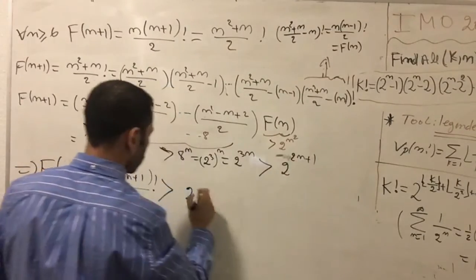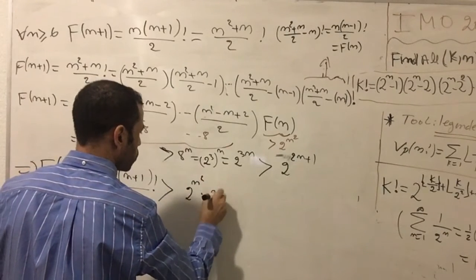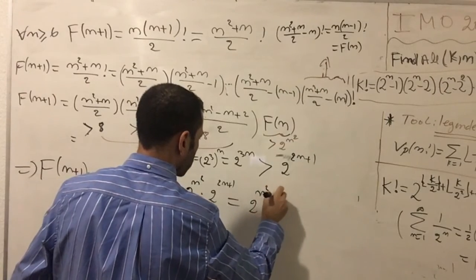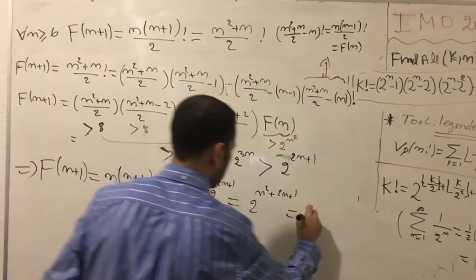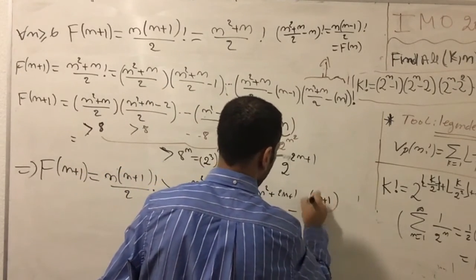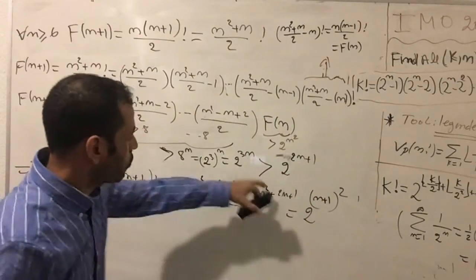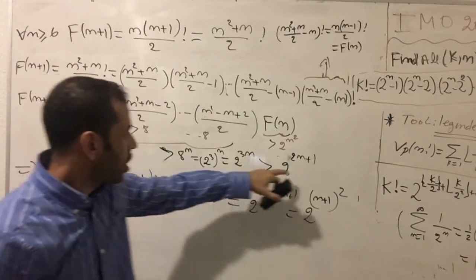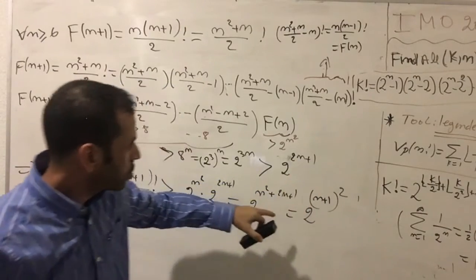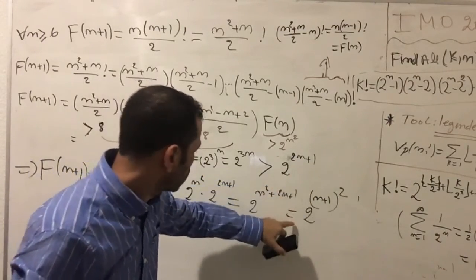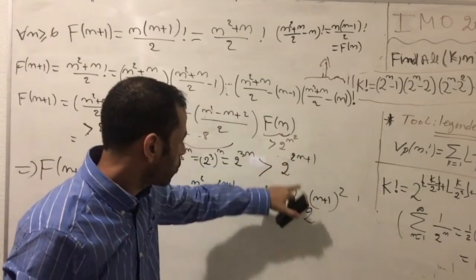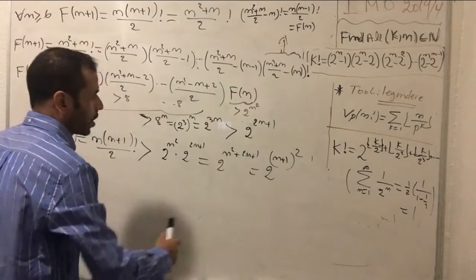Don't forget this term: 2 to the n squared multiplied by 2 to the n plus 1 equals 2 to the n squared plus 2n plus 1, which is 2 to the n plus 1 squared. Now we verified this term, we verified our hypothesis, so our claim is true. We verified our theorem.